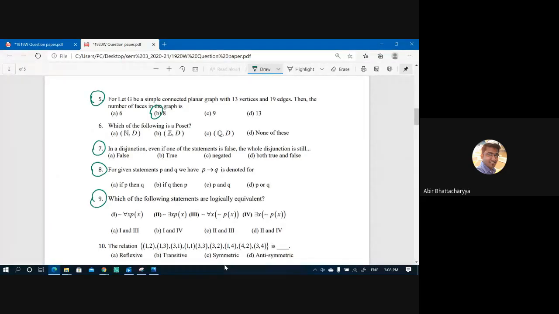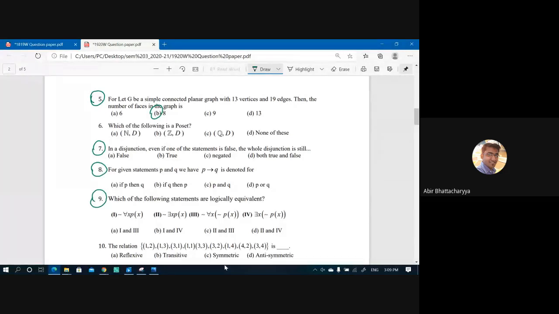Number 7, the disjunction: even if one of the statements is false, the whole disjunction still... Disjunction means or. One of the statements is false.